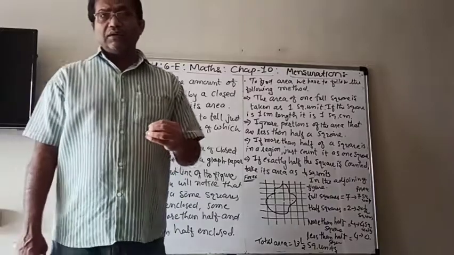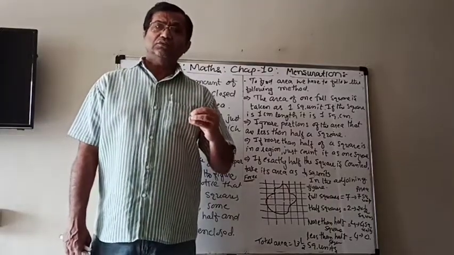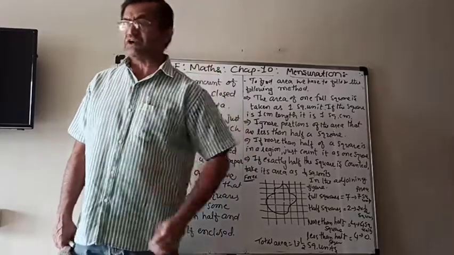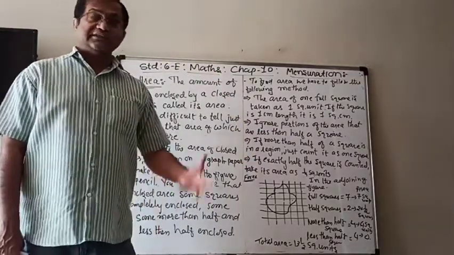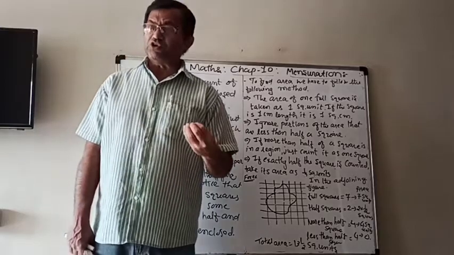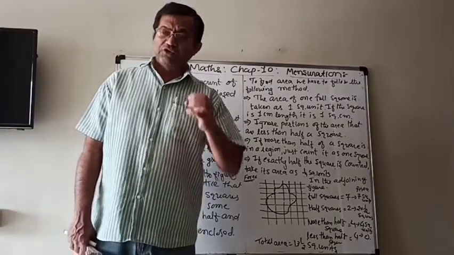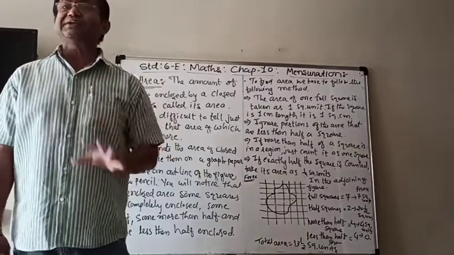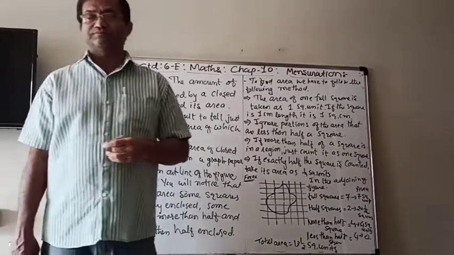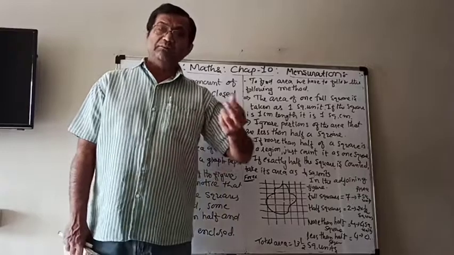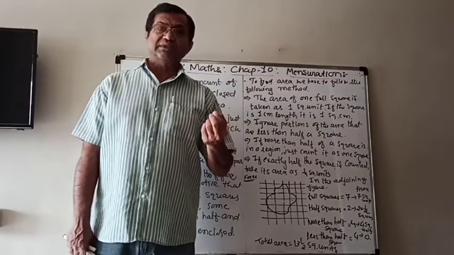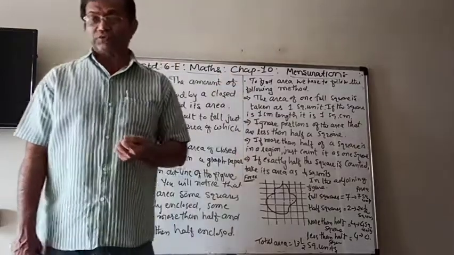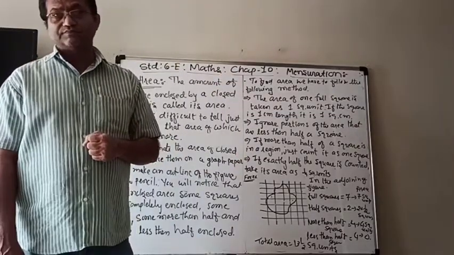Now you have to observe the squares which are enclosed within that figure. You will observe that some squares are completely enclosed within that figure. Some squares are smaller, meaning less than half a square is enclosed.